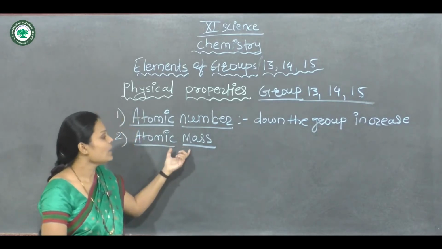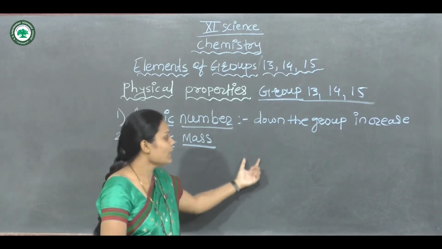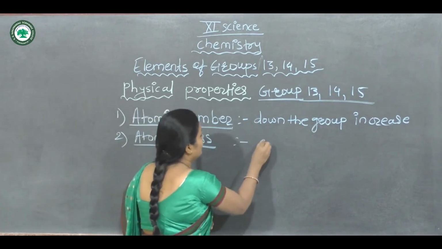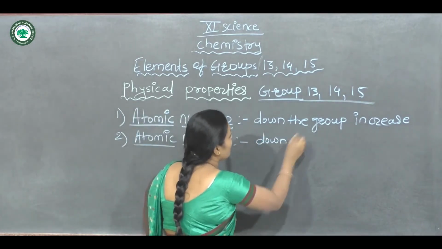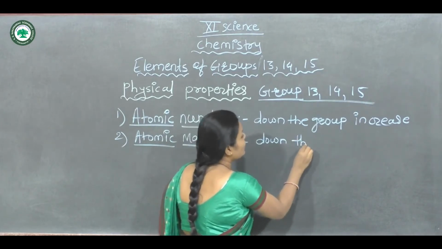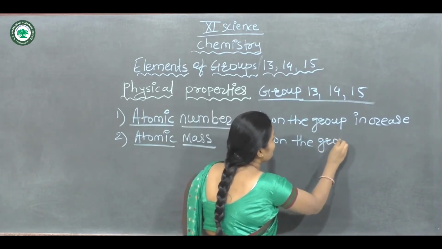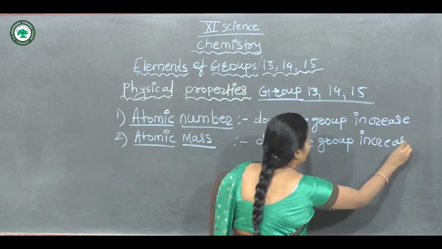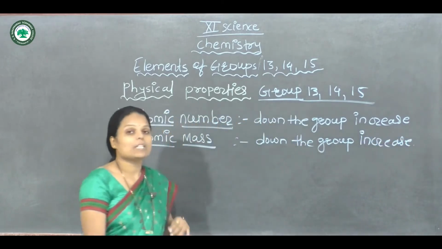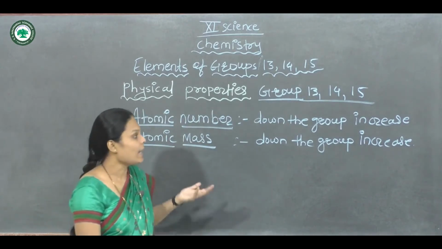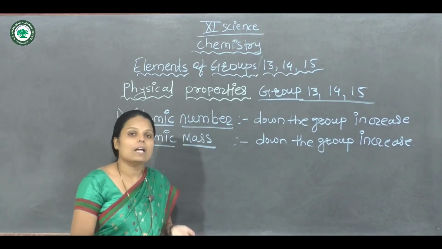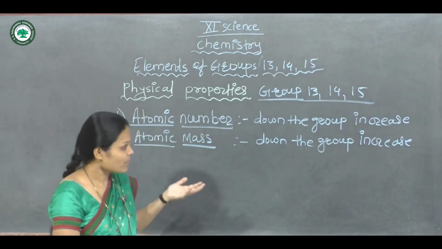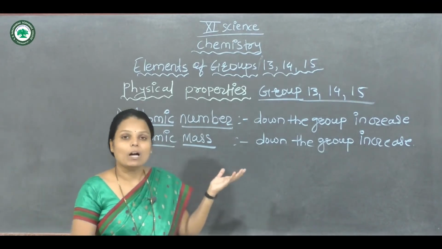The atomic mass of group 13 elements increases down the group, and the same is true for groups 14 and 15. Why does it increase? Because the atomic number increases, the atomic mass also increases. Now we can see the values of the atomic mass.